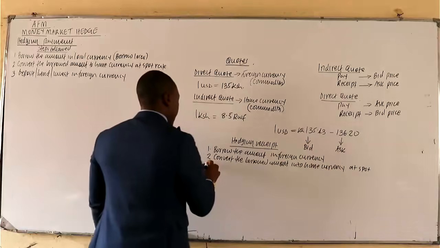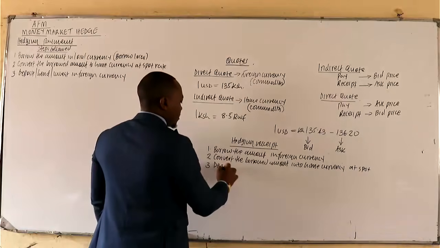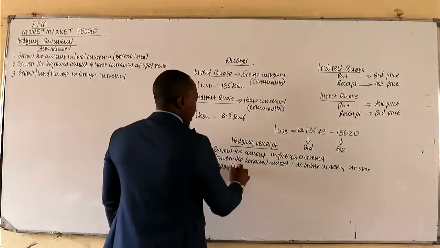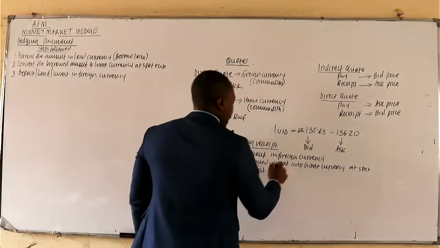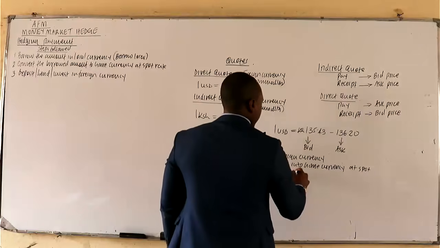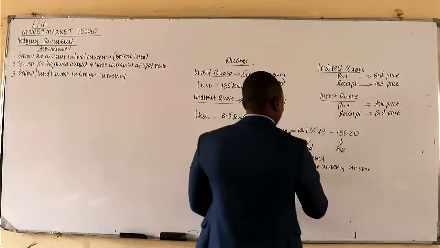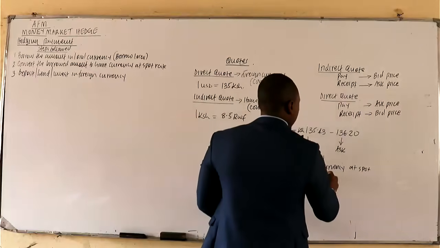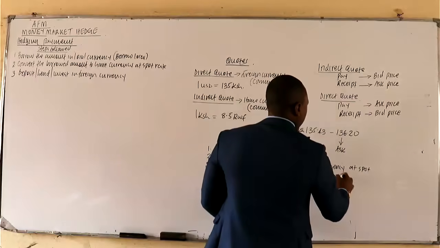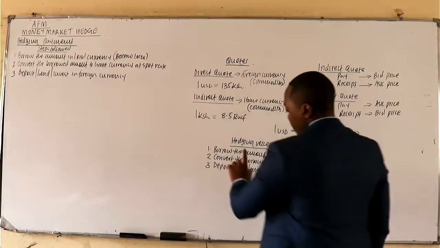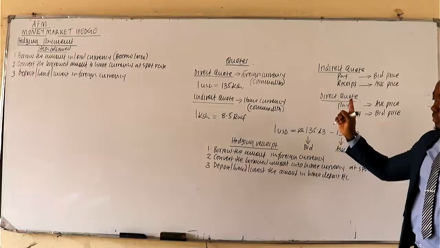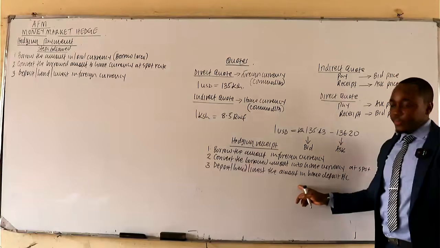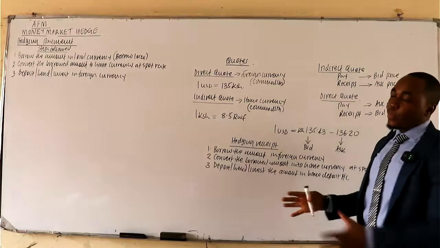And then step number three, you deposit or invest the amount in a home deposit account. So when you're hedging receipts, you borrow foreign, you invest home, or you deposit home.